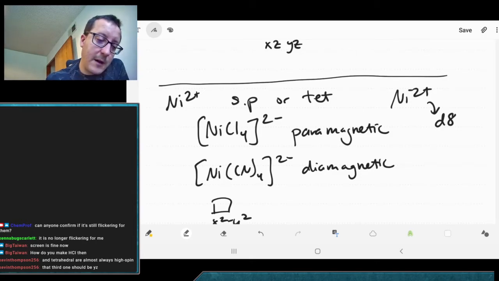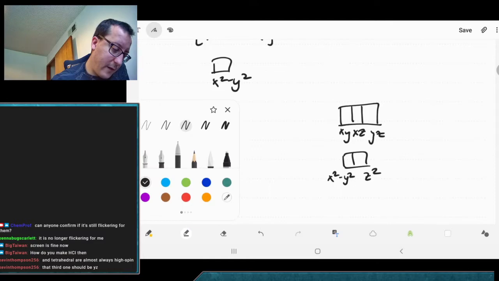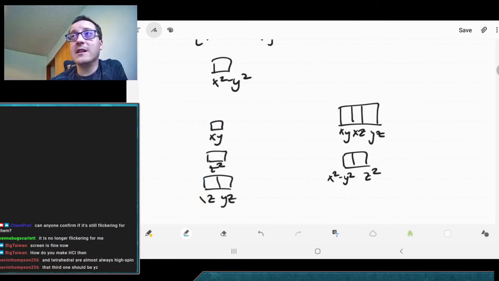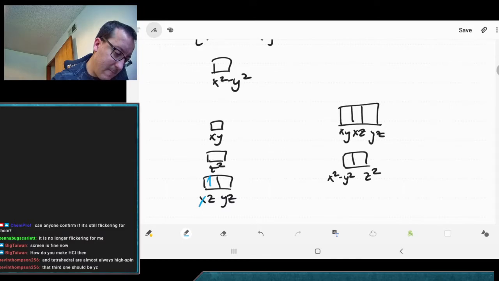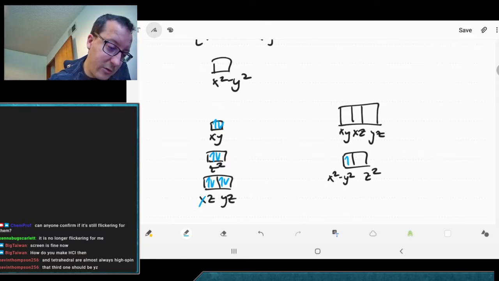So we have 8 d electrons to fill here. If we fill these both with 8 d electrons, remember that a square planar complex should always be low spin, and a tetrahedral one should always be high spin.